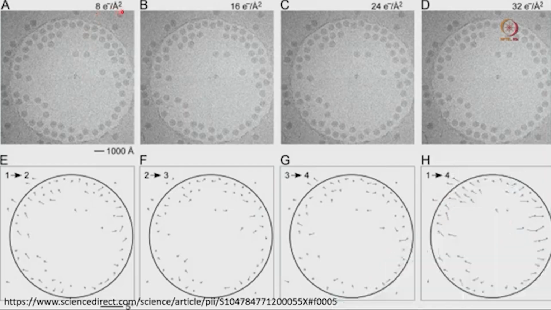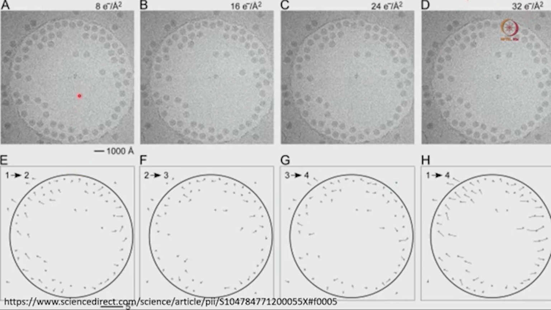Now, if you look at the top, you can see different electron doses exposed to this same hole, where we have the same virus particles: 8 electrons per angstrom square, 16 electrons per angstrom square, 24 electrons per angstrom square, and 32 electrons per angstrom square.